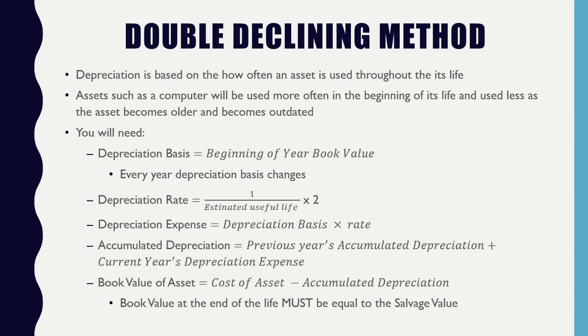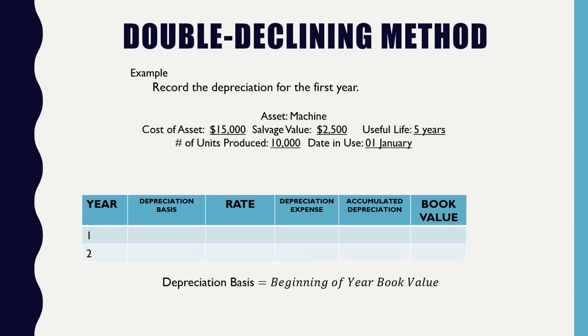Okay, so let's go ahead and take a look at our first example, where we are looking at an asset. We're going to record the depreciation for the first year. So here we have a machine that is worth $15,000 with a salvage value of $2,500.